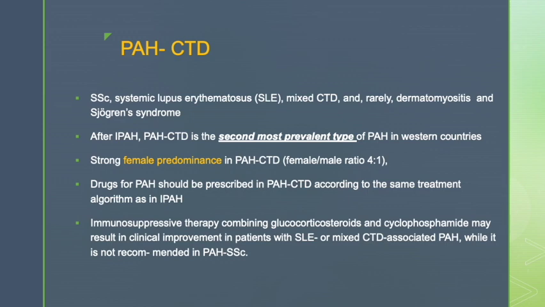So connective tissue disease related pulmonary artery hypertension is very common. It can happen with systemic sclerosis, SLE, mixed connective tissue diseases, sometimes with dermatomyositis and patients with Sjogren's syndrome. After idiopathic pulmonary artery hypertension, it is the second most prevalent type of pulmonary artery hypertension, and it has a female predominance of 4:1.